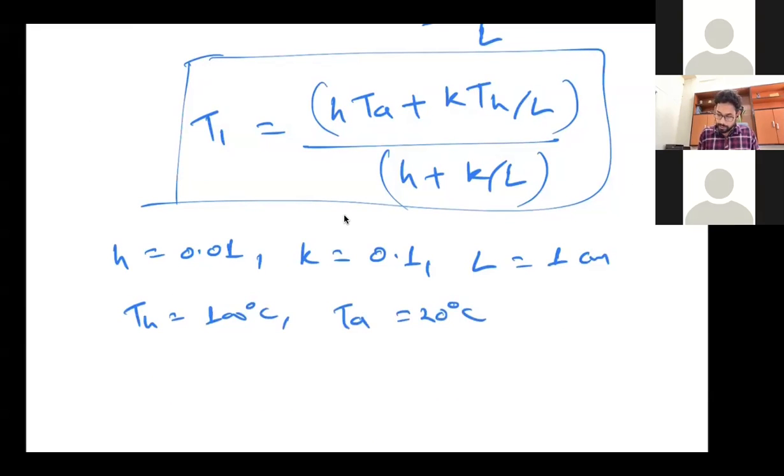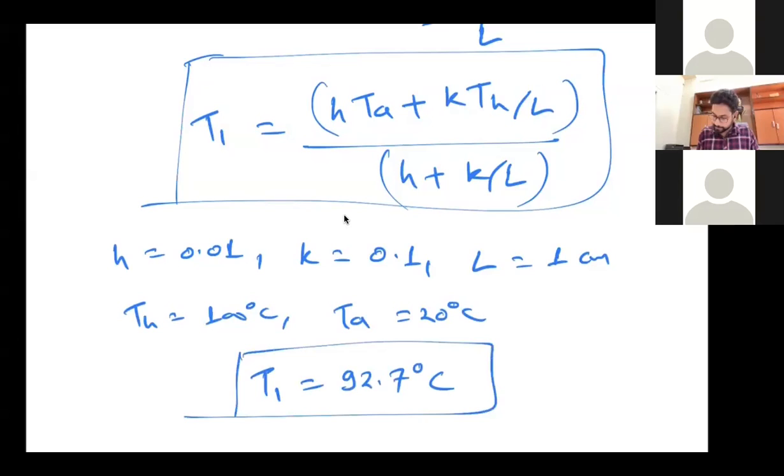So if you put all these values, I believe the T1 we get is 92.7. I did this calculation before, so that should be this value.